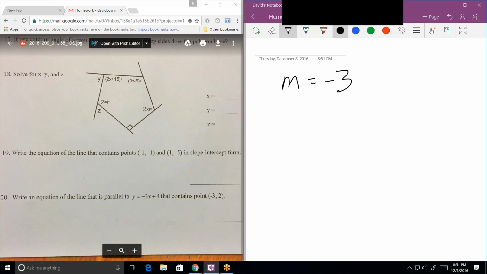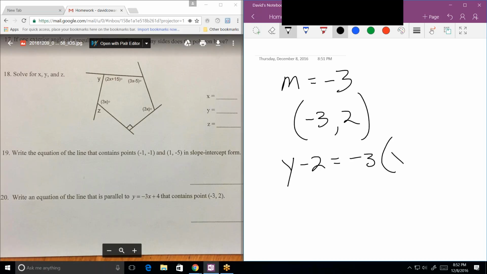So they gave us the slope, and the point is minus 3 comma 2. So we can do this two ways. If we don't mind the format of the output, I'm going to use point slope. It's going to be y minus 2 equals minus 3, the slope, times x plus 3. There's my answer.